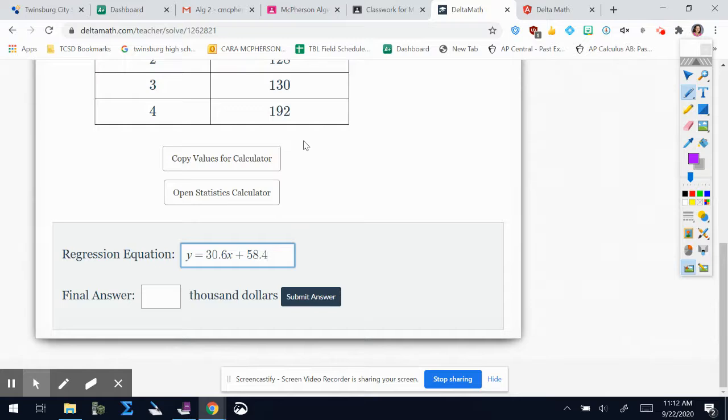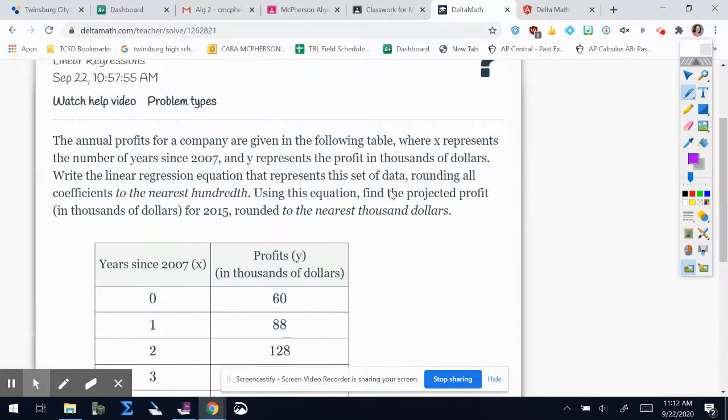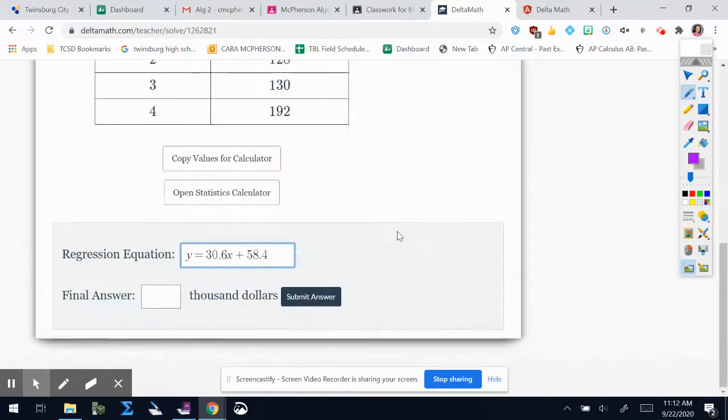You're going to type in 30.6 times 8 and then plus 58.4. You get 303.2. It wanted the nearest $1,000, so that would be 303. And then we're going to submit my answer.